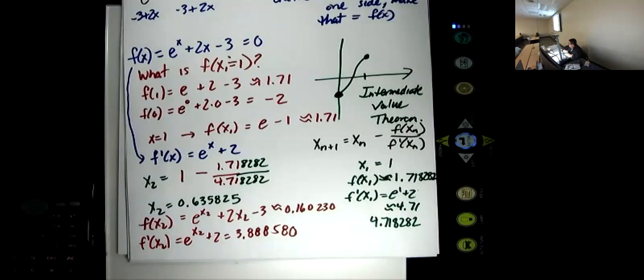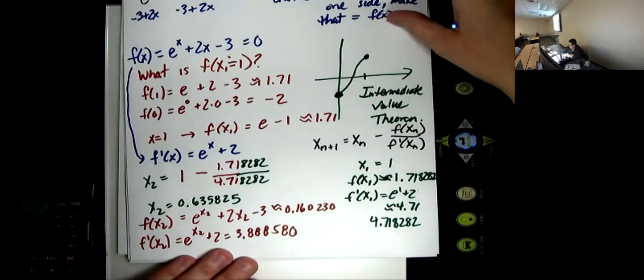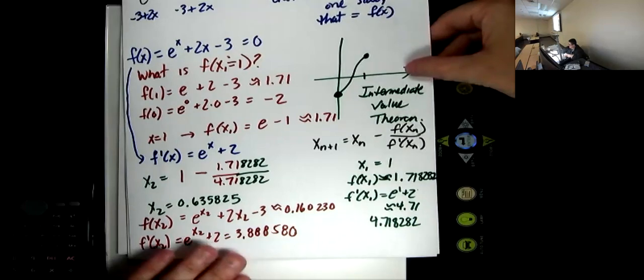Exciting, right? So if you're like, I like letting my calculator do all the work, this is a good section for it. It makes it nice if you're doing programming, you can code this up algorithmically and just have it go until x sub n plus 1 minus x sub n is approximately 0. All right, so let's look at what x sub 3 is going to look like.